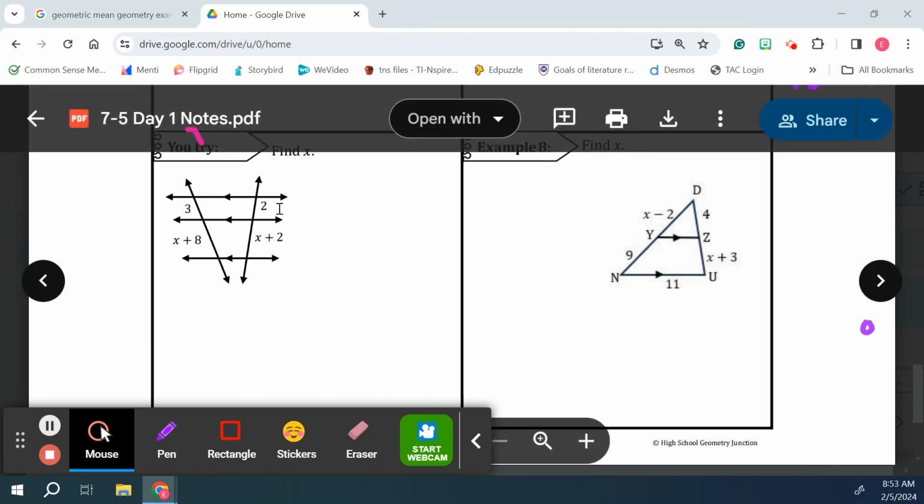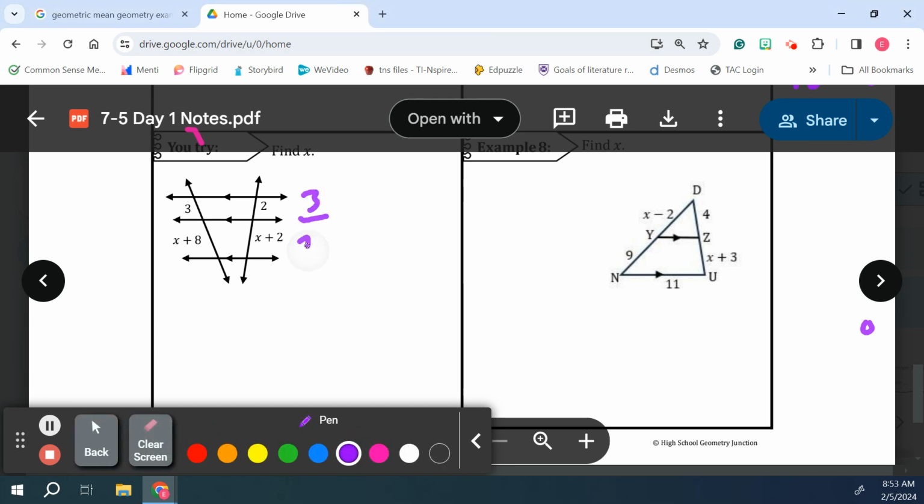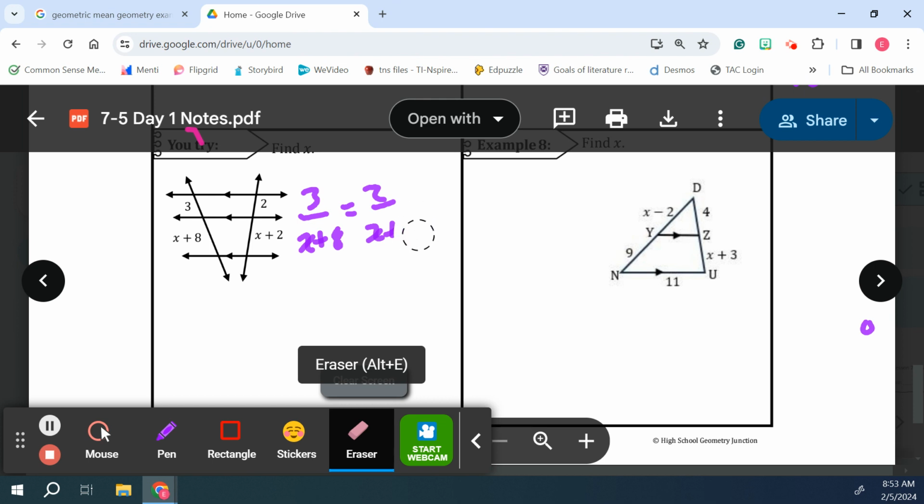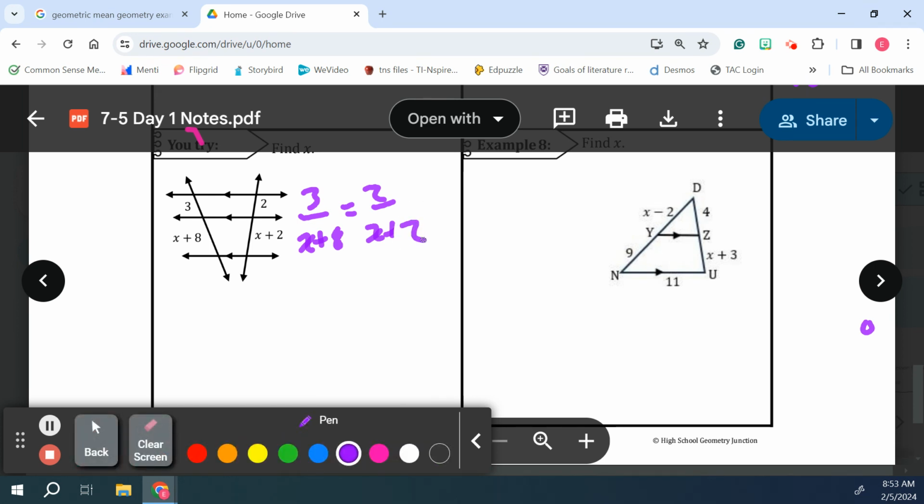All right, so in this case, you do 3 over x plus 8, 2 over x plus 2. Oops, should help if I put a 2 there. And you get, in the end, x equals 10. All right, this one ends up being a quadratic. You do not even need to worry about that 11.